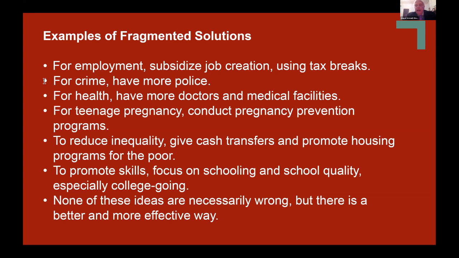If we want to solve teen pregnancy, conduct pregnancy prevention programs, give transfers like I was talking about, promote housing programs, and build schools to create skill and leave the onus of skill formation on school. Now, these aren't bad ideas, but there's a better and more effective way, and a way that complements these approaches.